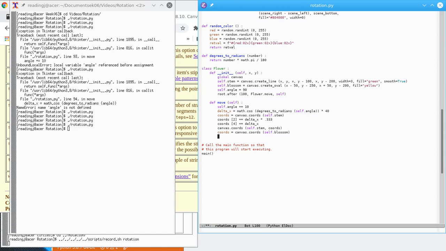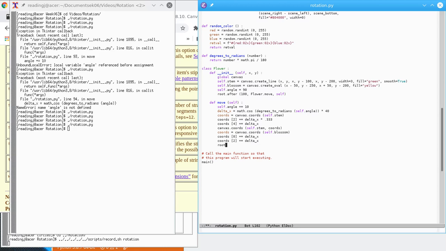So I'm going to say coords sub 0 plus equals delta x, and coords sub 2 plus equals delta x.